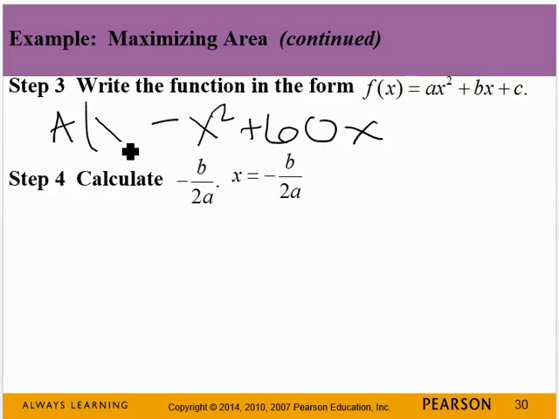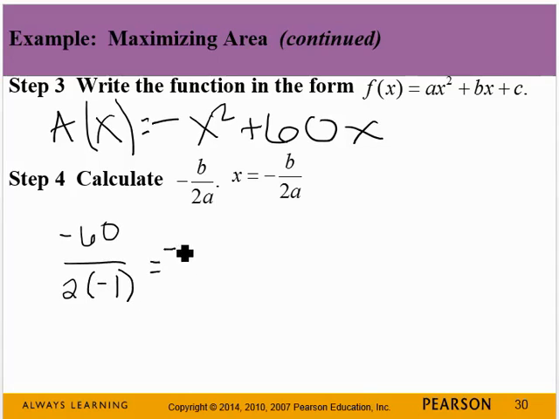I'm going to write this A of x instead of f of x. So calculate negative b over 2a. So I have negative 60 over 2 times negative 1. Negative 60 over negative 2 gives you a positive 30. So that's step 4.